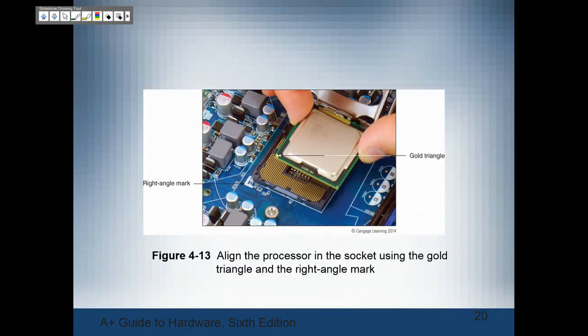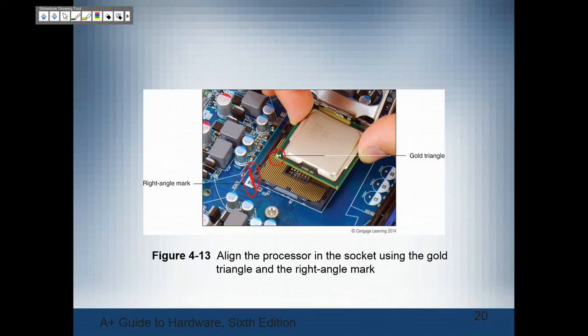They're talking here, the gold triangle right here would mark the pin 1. And here they say a right angle. I've always said it's notched or cut off, angled off. The processor socket itself will have a mark that shows us that it has a pin 1 also. And those are the things that do need to be lined up.